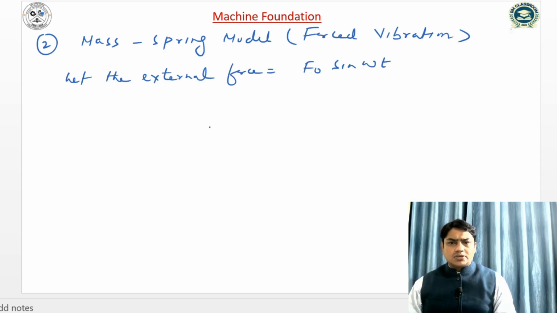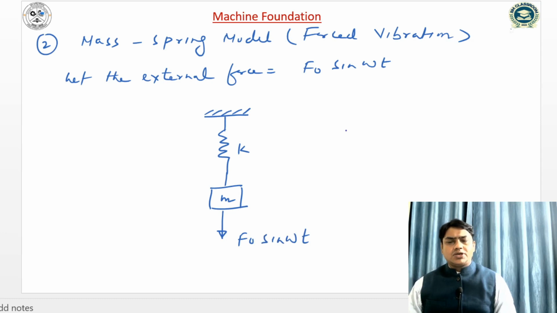So if I make the model, let us assume this is the spring and a rigid body of mass m, and the external force F naught sine omega t is acting.